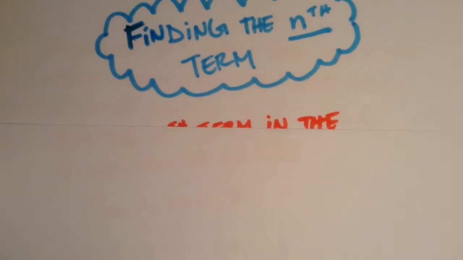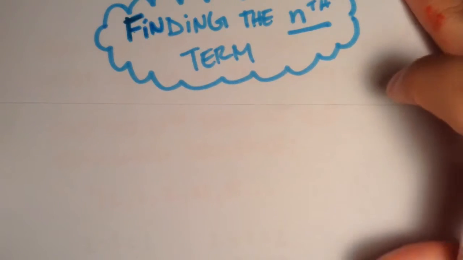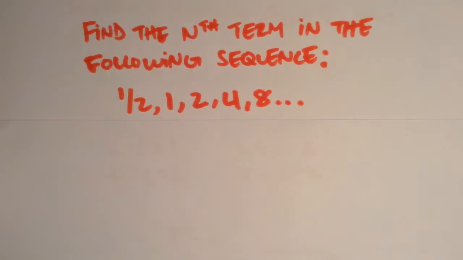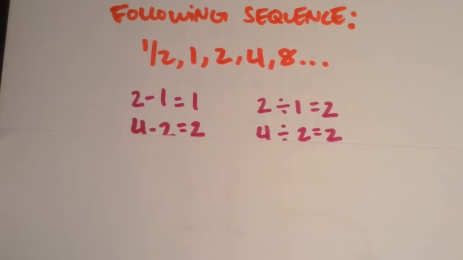Okay, let's practice what we have learned by looking for the nth term, that is a sub n. Find the nth term in the following sequence. We have 1/2, 1, 2, 4, and 8. The difference does not match.